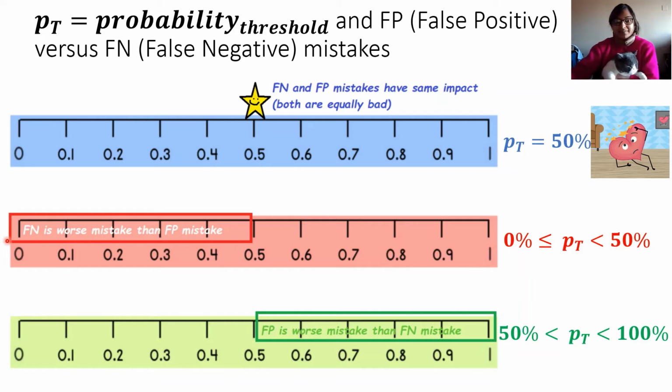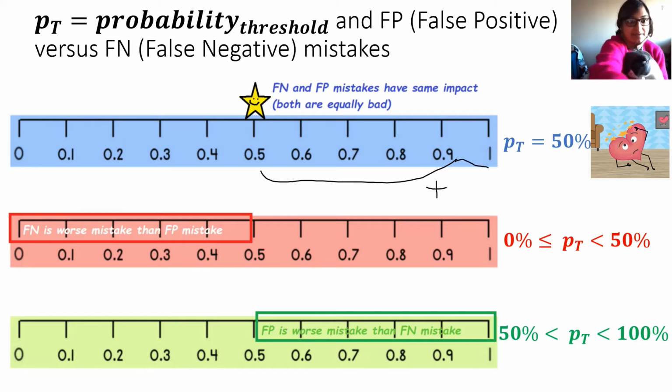Then that means that a false negative mistake is worse. Falsely saying that somebody has the disease, like CHD, is not as bad as not giving someone the treatment for CHD when they need it. If you're between here and here, we are predicting you're positive, which is a greater range of probabilities.